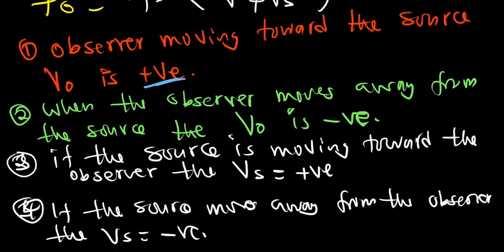The source is moving toward the observer. So is the velocity of the source going to be negative or positive? No, check your notes. Point 3. Read point 3.